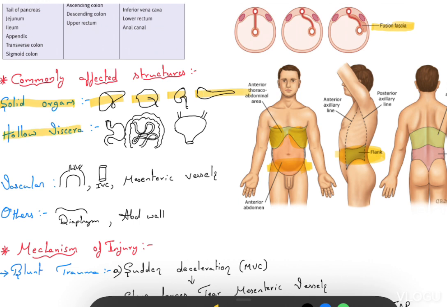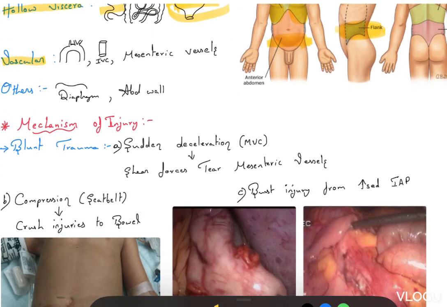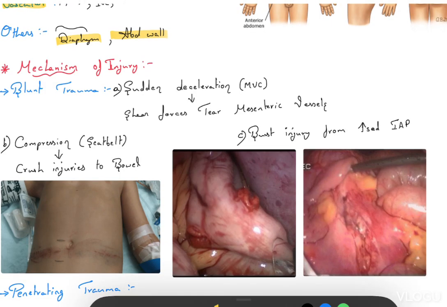Next, hollow visceral organs like the stomach, small bowel, large bowel, ascending and descending colon, and urinary bladder. Next, vascular structures like the aorta, inferior vena cava, and mesenteric vessels. And other structures like the diaphragm and abdominal wall.